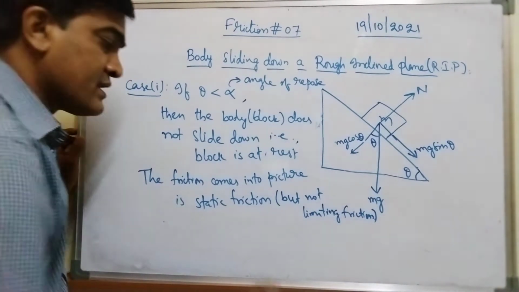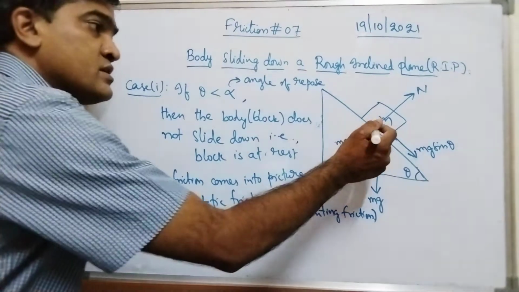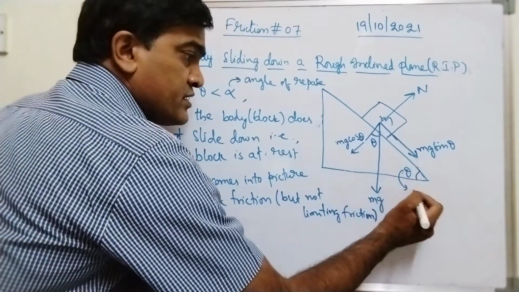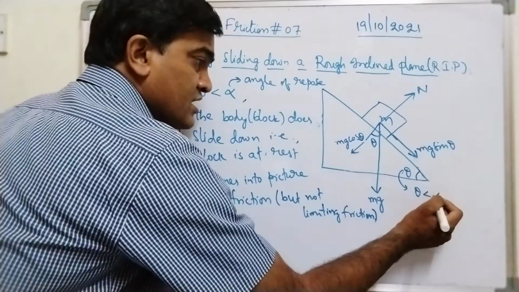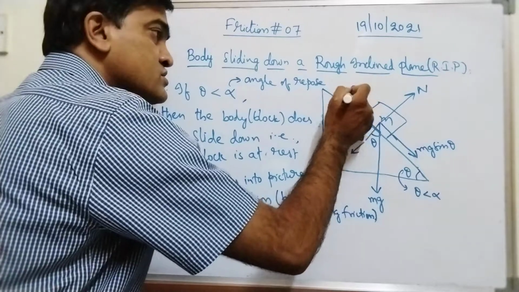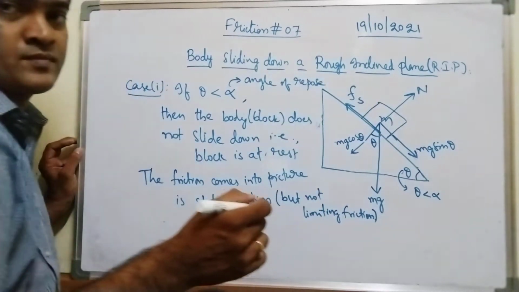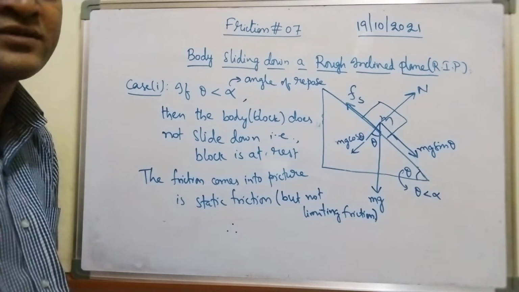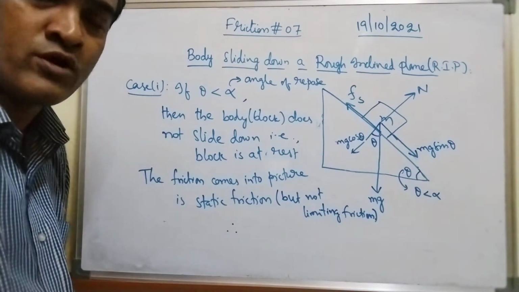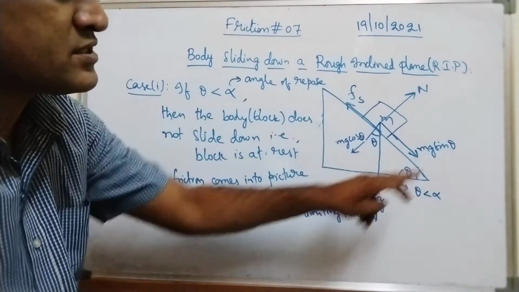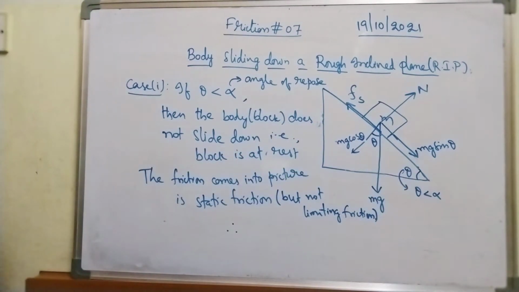So therefore, let me take the case theta is less than alpha. In this case, the frictional force you are getting is static frictional force Fs. Now this Fs is balanced by mg sin theta, because the block is at rest. Under equilibrium, I can say that Fs is equal to mg sin theta.